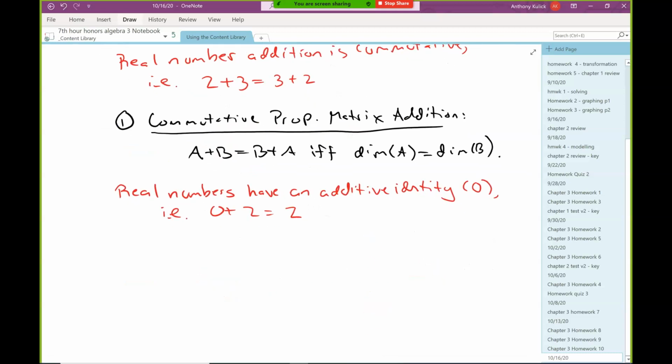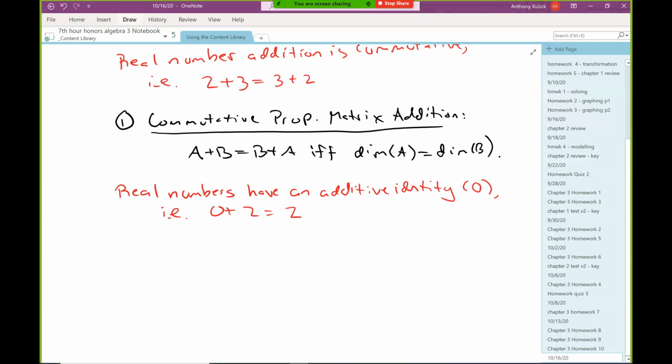Is there an equivalent property for matrix addition? Kind of. So what do we lose in going from real number addition to matrix addition? Yeah.